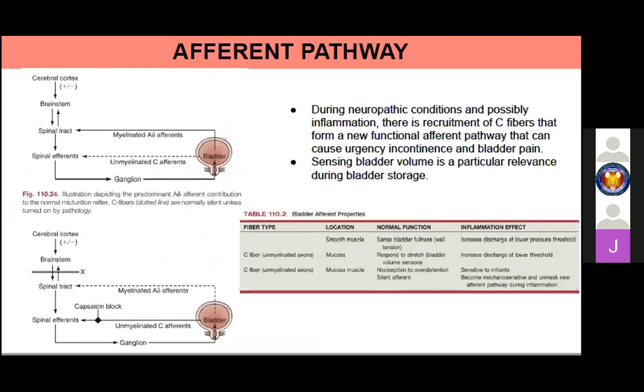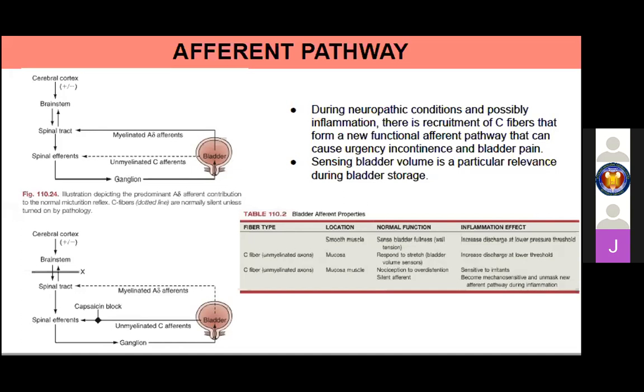In this picture on the left side, it shows the normal micturition reflex on top, upper left. It shows it's inhibited by the myelinated alpha delta afferent pathway, and then below it shows what happens when it shifts from the alpha delta fiber to C fiber predominance when you have neurologic diseases, inflammatory diseases, or aging.